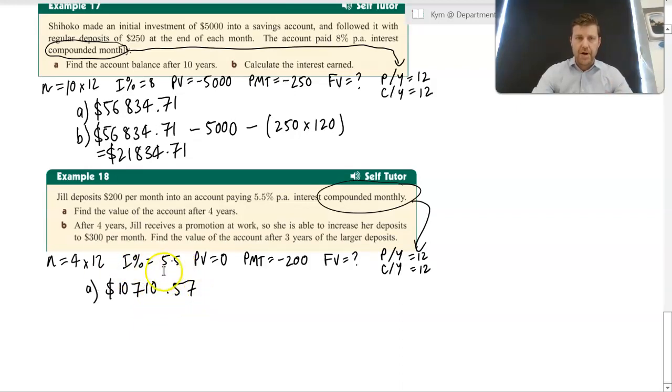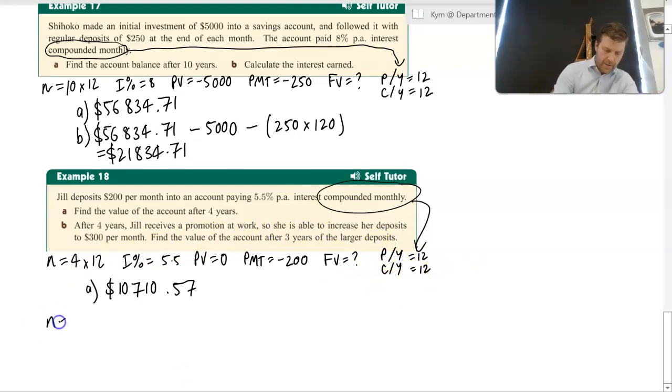The interest rate remains the same at 5.5. This amount, $10,710.57, becomes my present value. The payments per term now increase to $300. The future value is what we're asking for after 3 years. So the number of periods would then be 3 times 12, because it's still compounded monthly. PY and CY will still remain as 12.